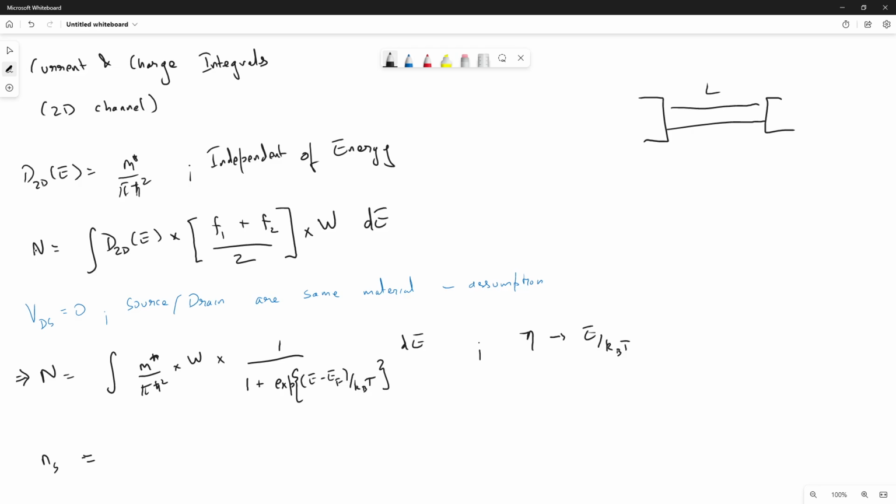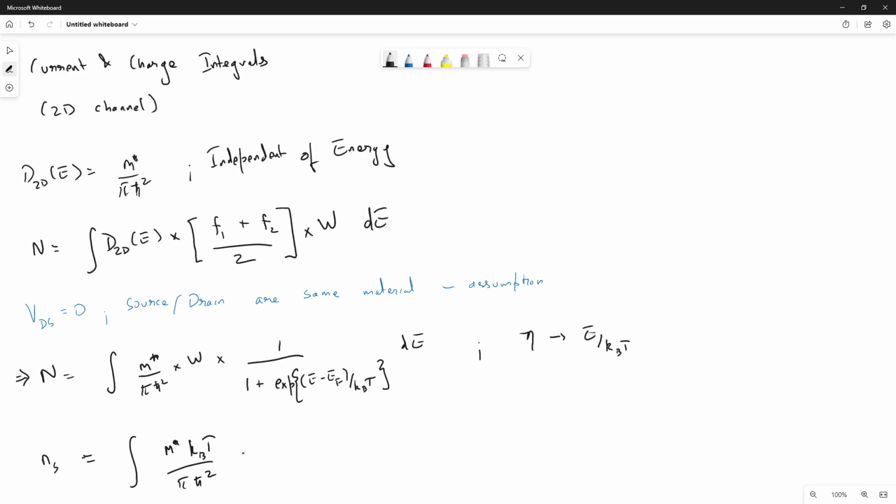So this itself is charge per unit length. So when I further divide it by W, what we will have is the surface charge density. So Ns can now be written as, let us write out the terms in the integral. So that will be m star kBT divided by pi h bar squared.